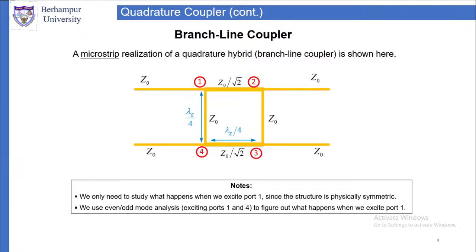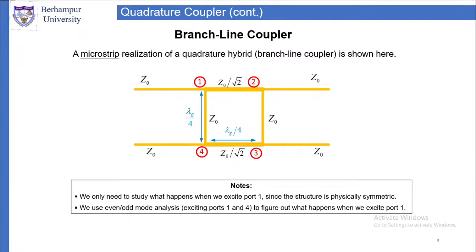Now when there is electromagnetic coupling, there is a small problem. Because of coupling, sufficient power will not transfer from line 1 to line 2, because it is electromagnetically coupled. Electromagnetically coupled means mostly it is due to the magnetic field.